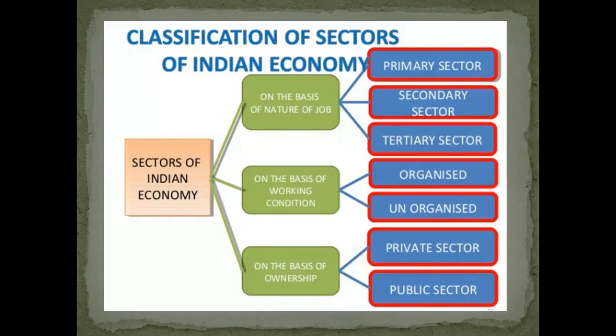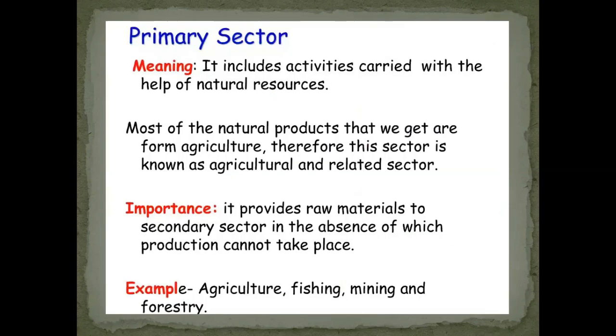Correct? So these three are criteria. On the basis of the nature of the job, again we classify into three sectors: primary, secondary and tertiary. Whereas on the basis of the working condition, we divide as organized and unorganized. But on the basis of ownership, we say it is private sector or public sector. So let us study in detail about each one of them.